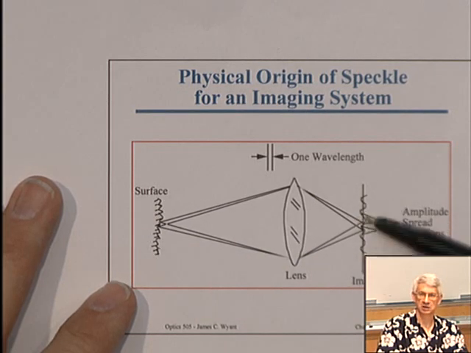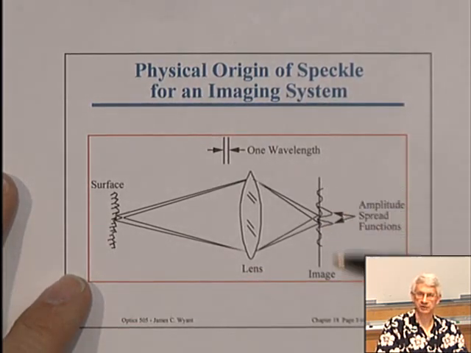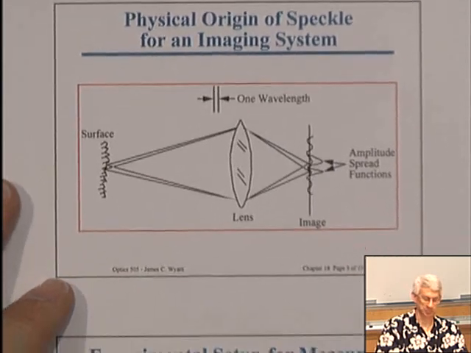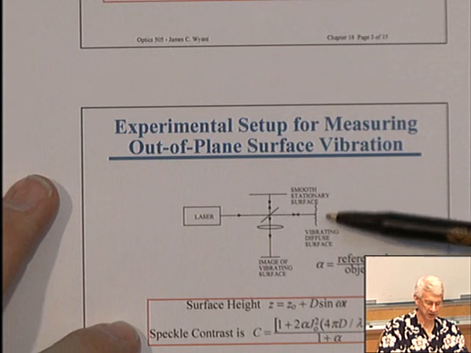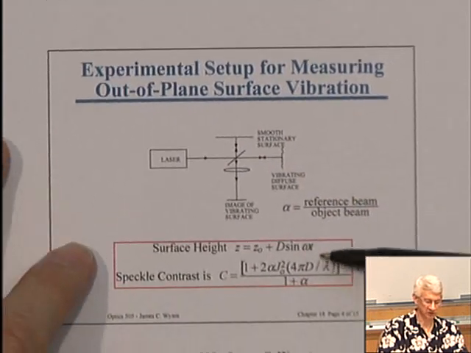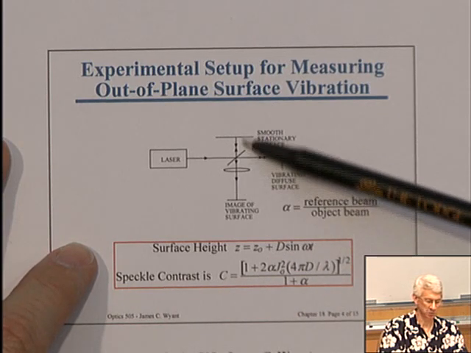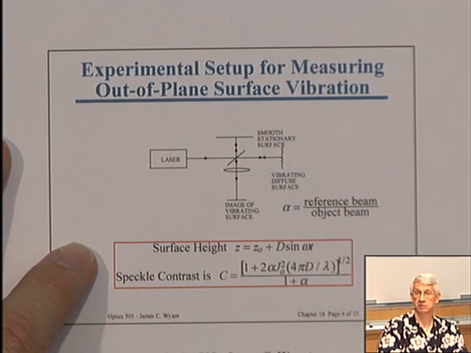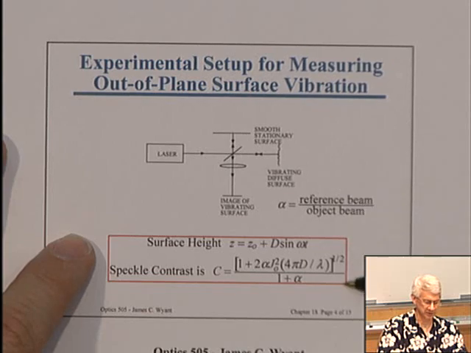So we're looking at that combination of random phase interference from those different PSFs. Now, if we have a vibrating rough surface, a vibrating diffuse surface, then we're going to have the same kind of J0 squared Bessel function we had before in holography when we combine that through an interferometer, because an interferometer is just one way to produce a holographic pattern, if you want to think about it that way.